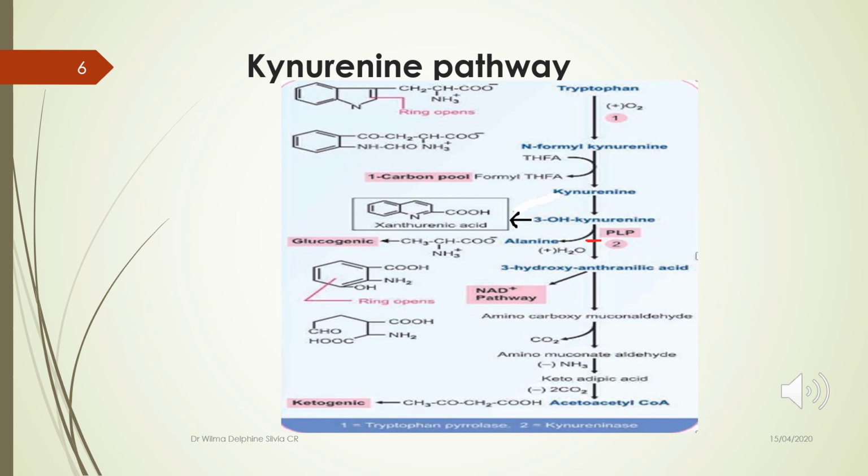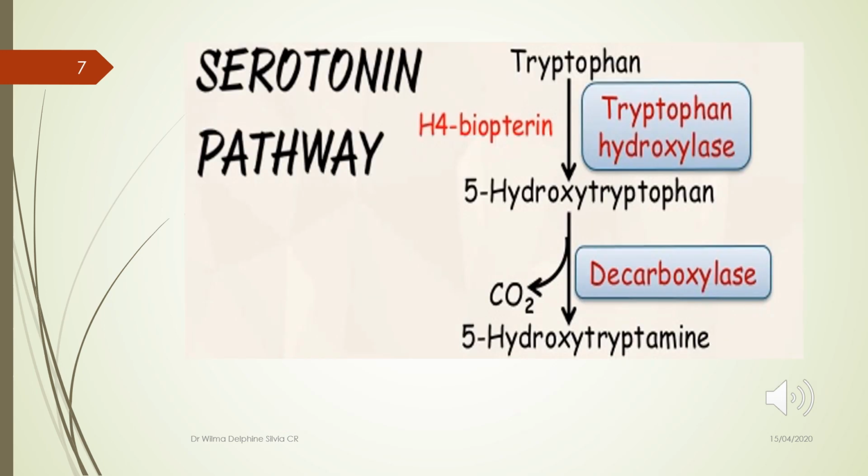Alpha ketoadipate through the next few steps is finally converted into acetoacetyl-CoA, which is a ketogenic intermediate. So in this kynurenine pathway, we obtain the formyl group which enters into the 1 carbon pool, alanine which is a glucogenic intermediate, NAD+ and NADP+, which are the coenzymes of niacin, and acetoacetyl-CoA, a ketogenic intermediate.